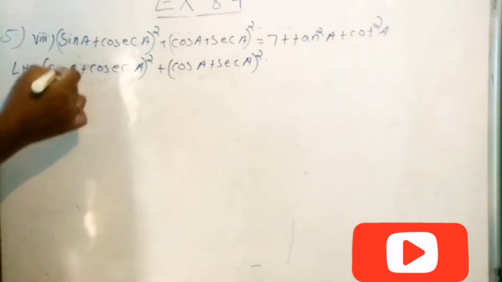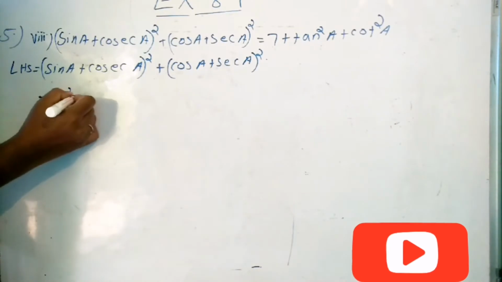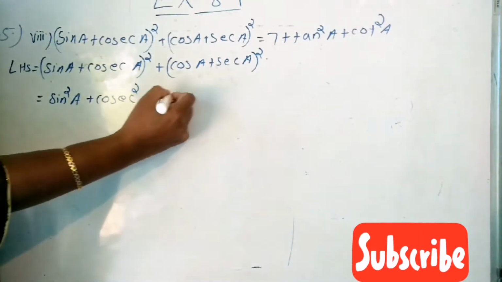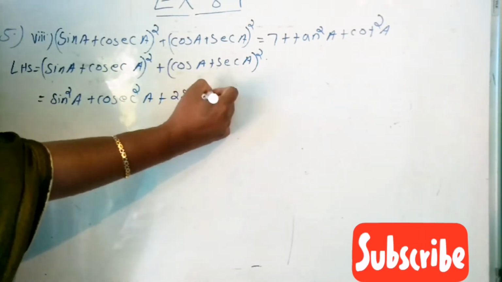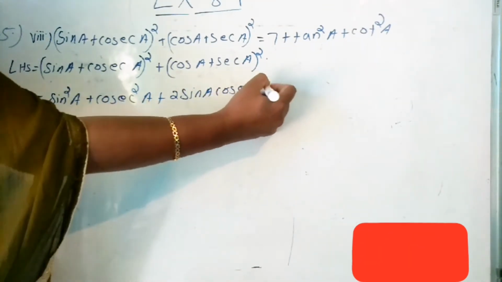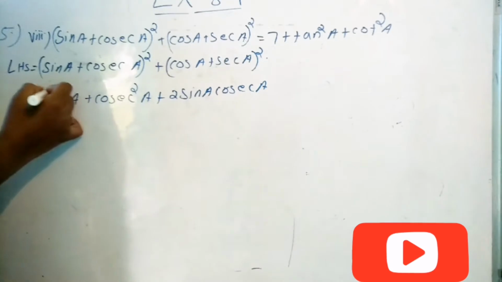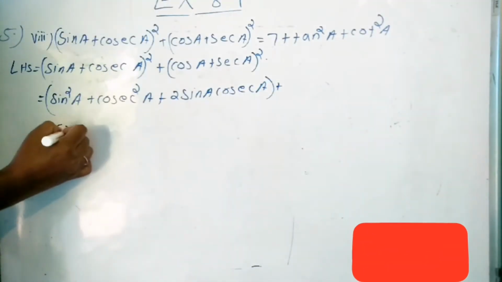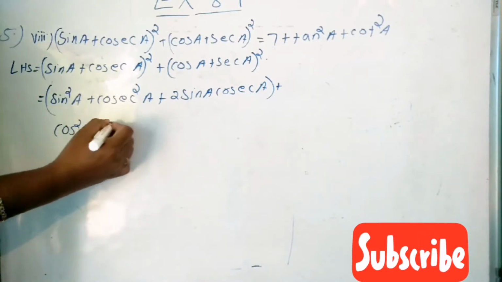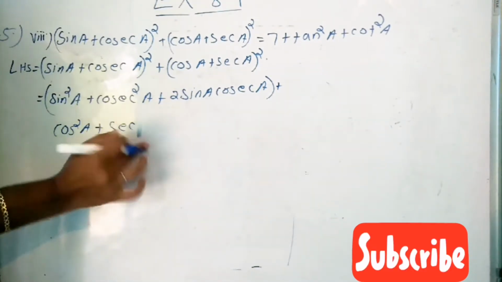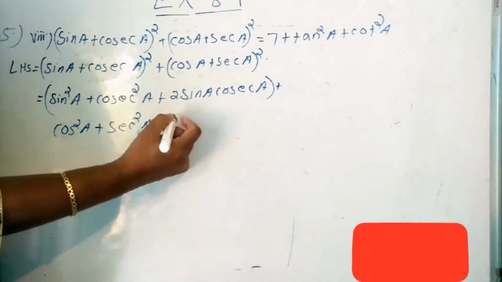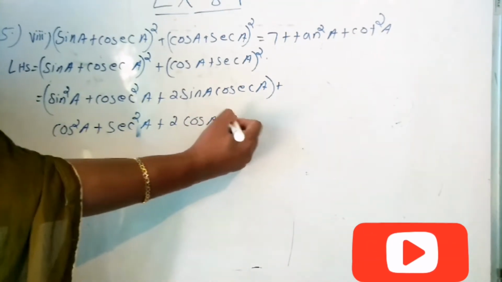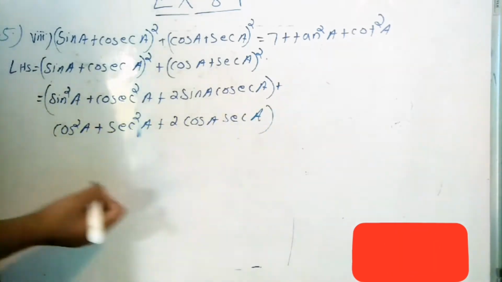Then we will get sin square A plus cosec square A plus 2 sin A cosec A, plus the second term: cos square A plus sec square A plus 2 cos A sec A.